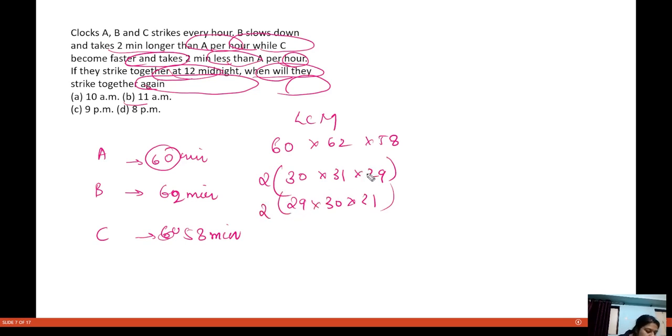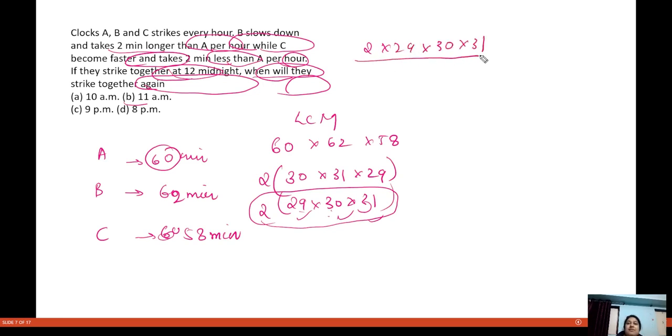So the LCM you get here is 29 into 30 into 31, because these numbers are co-prime. So you have 2 into 29 into 30 into 31. After these many minutes they are going to strike together again.